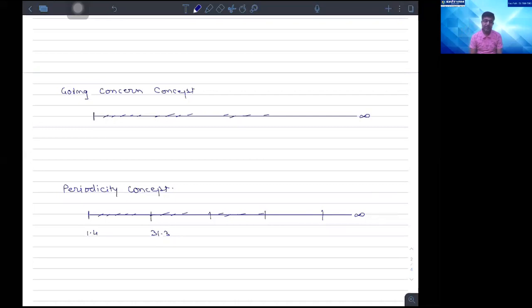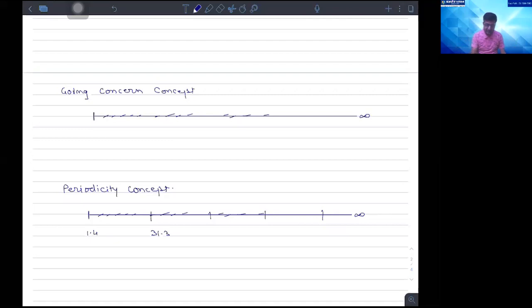One more implication of the going concern concept is that once you are starting the business for the longer term, you should make the bifurcation between the expenses and incomes for the long-term purpose and for the short-term purpose.